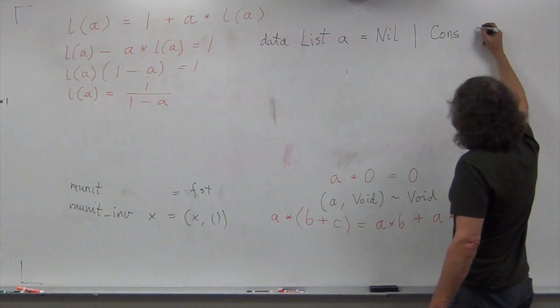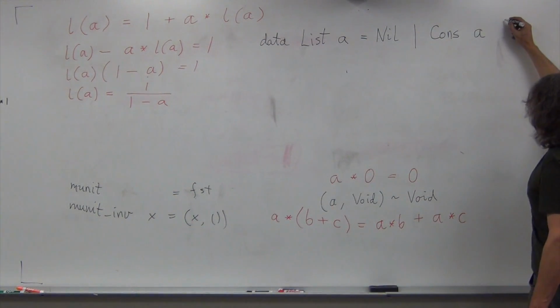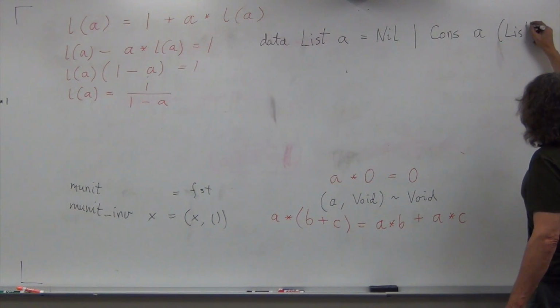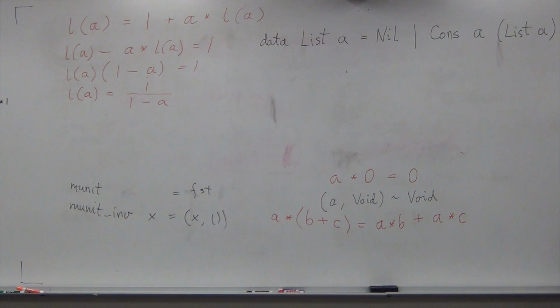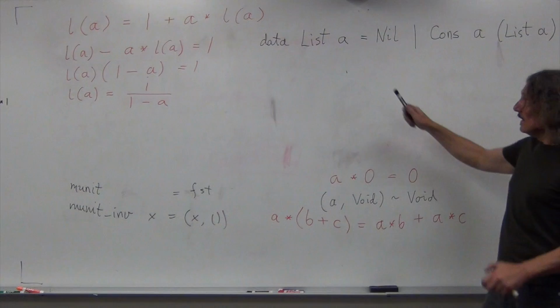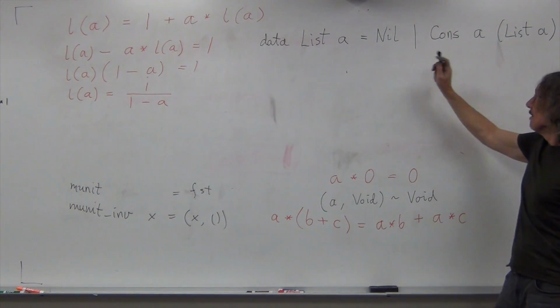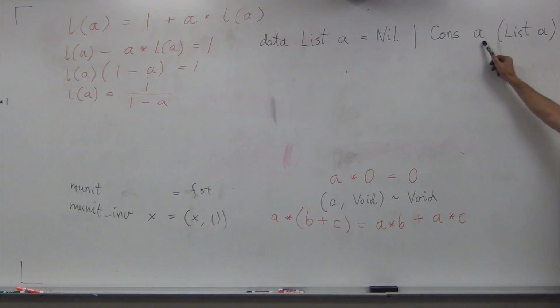It's a product of A and a list of A. Recognize this? So a list of A is either empty or it's a cons of a head and tail.